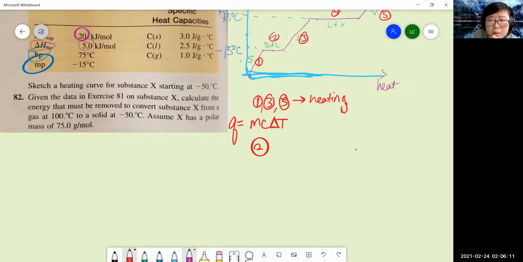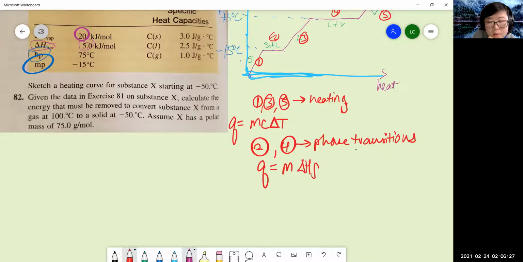2 and 4 are phase transitions. And you would be using Q equals mass times delta H fusion, or mass times delta H vaporization.